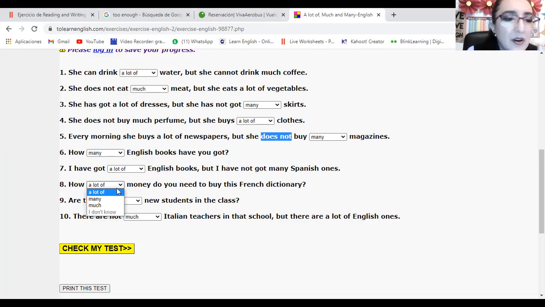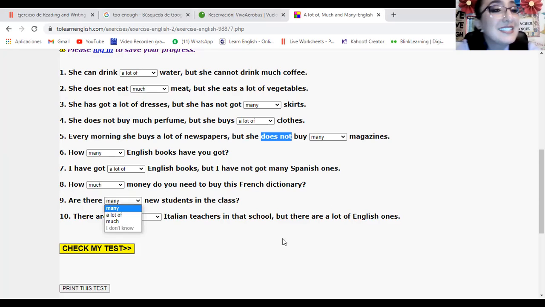How much money do you need to buy this French dictionary? Excellent. Now, are there new students in the class?